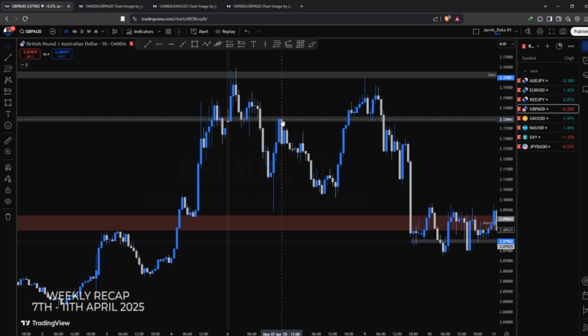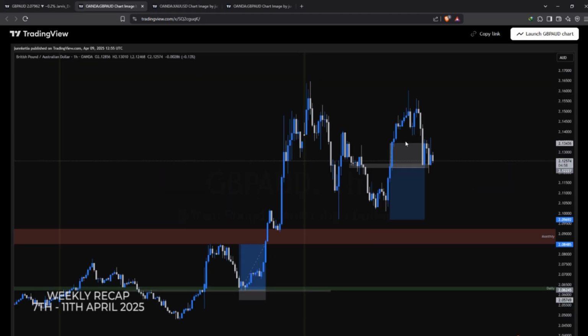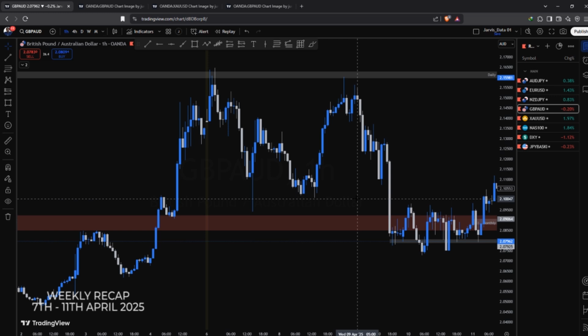When price was coming for the second retest, that is when I decided to get in on this, and it didn't go so well. So as you can see, that is kind of the thought process of the trade. Okay, so that is what happened with the pound Audi.